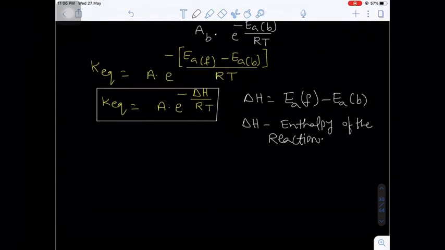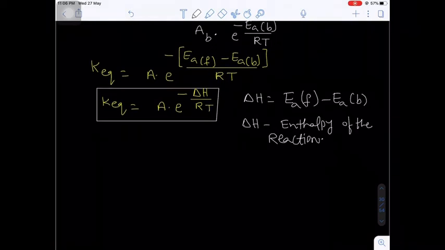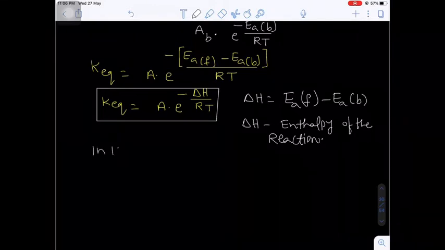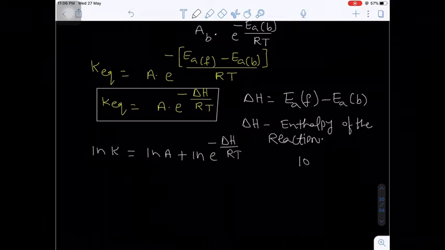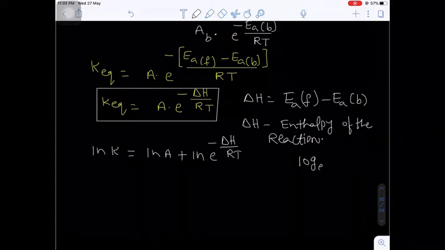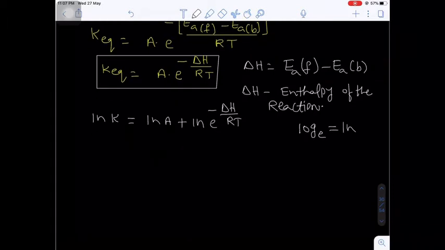Okay, now here if you apply the logarithm on both sides, ln K equilibrium, I am writing just K. This is in the form of AB, log AB is nothing but log A plus log B, so ln A plus ln e to the power minus delta H by RT. Remember, the natural logarithm to the base e we write as ln.